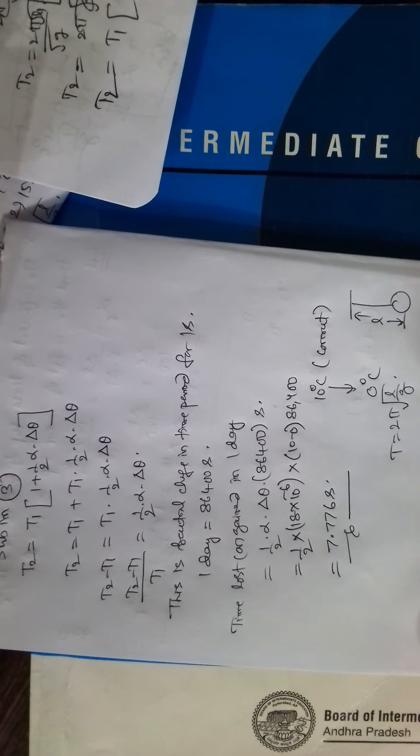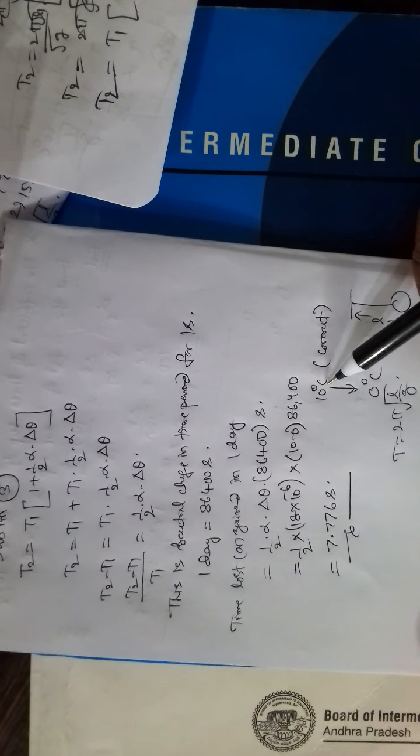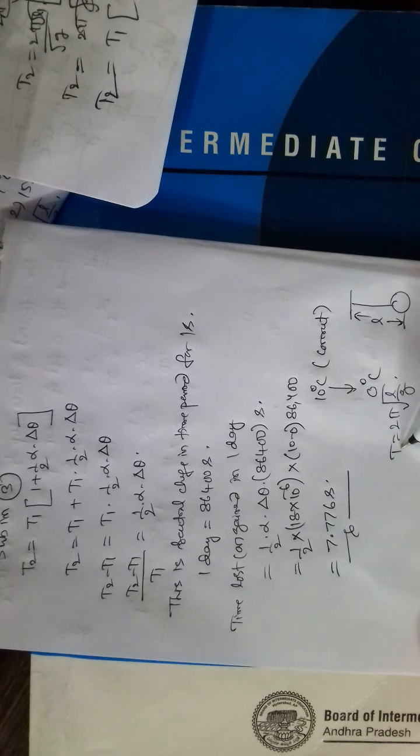So now we have to decide whether time is lost or gained. Here at 10 degrees centigrade it is showing correct time, and now the temperature is decreased from 10 to 0. If temperature decreases, length decreases, and if length decreases, time period decreases.